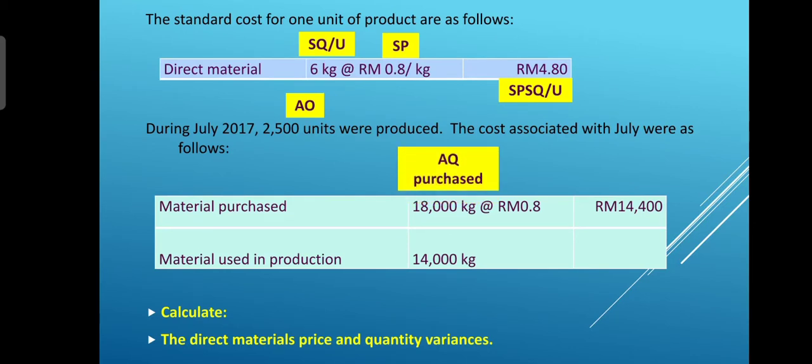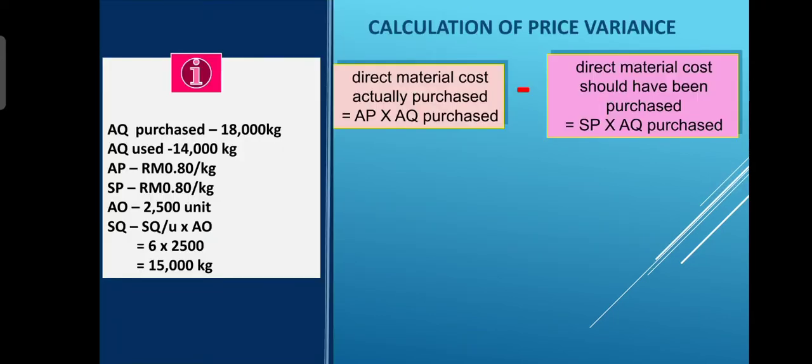18,000 kg is actual quantity of materials purchased. RM 0.8 is actual price per kg. And 14,000 kg is the actual quantity of materials used. Price variance is AP times AQ purchase minus SP times AQ purchase.